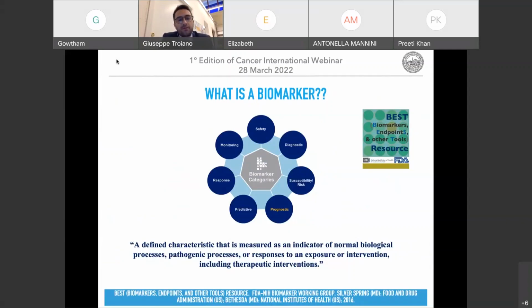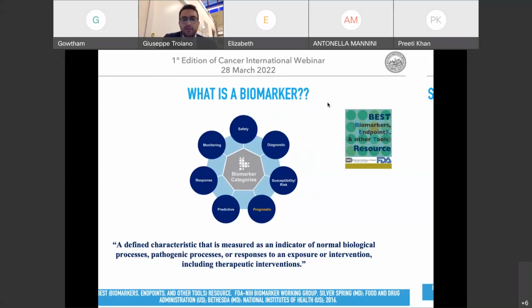In particular, we can have different types of biomarkers, like, for example, diagnostic biomarkers, that, if present, can help us to diagnose a disease. Susceptibility risk biomarkers are more common, for example, in breast cancer. We know if a patient has a specific mutation, they can more commonly develop a specific subtype of tumor. Then we have prognostic biomarkers, predictive biomarkers, and, for example, monitoring biomarkers like the PSA in prostate cancer.